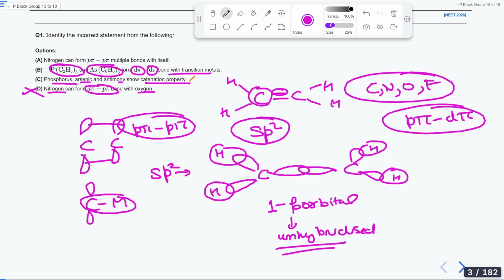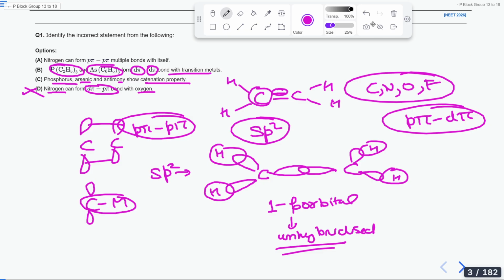Of other groups as well, like here group 15 is showing the catenation property. Which groups can show the catenation property? Anyone who likes to answer this?